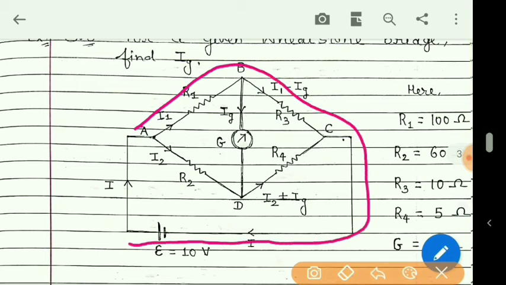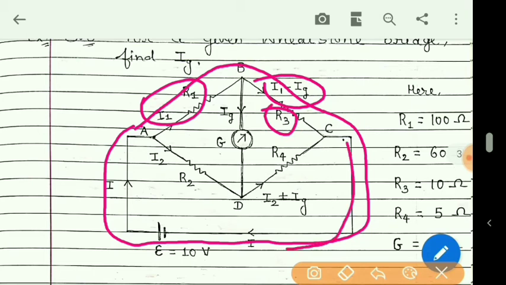So here the terms related to I1 R1 will be negative. Even this I minus Ig into R3 will be negative. Even the terminal of the battery is also coming negative first. So all the terms are negative if we move clockwise.